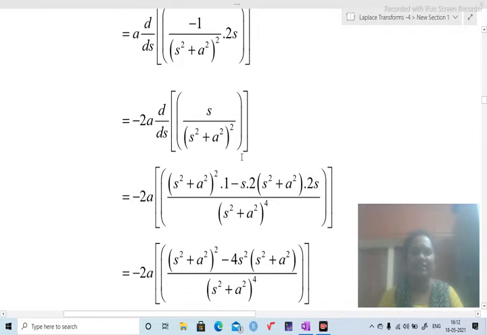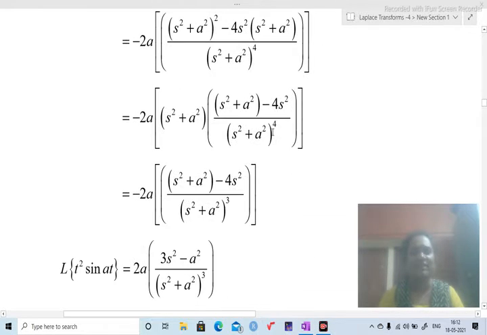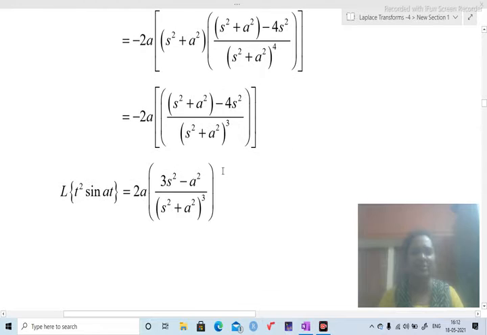That is, denominator whole square, already square is there. Again square means power 4. Denominator into differentiation of numerator minus numerator into differentiation of denominator. Simplify, then we are going to get this as the answer for Laplace transform of t square sin at.